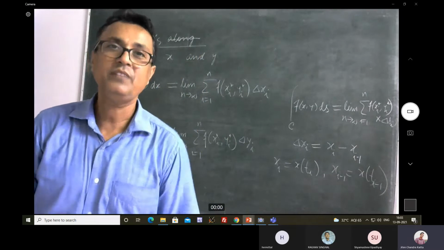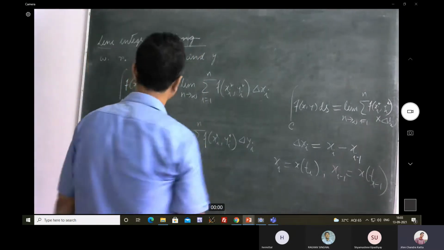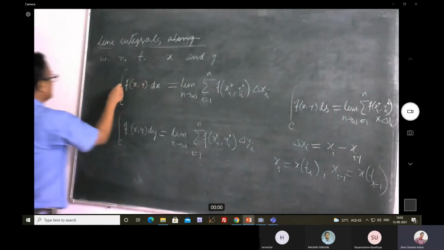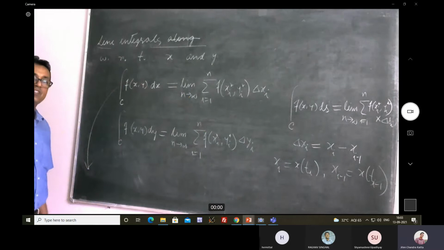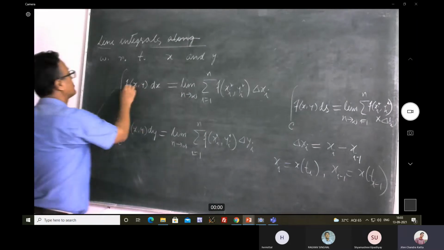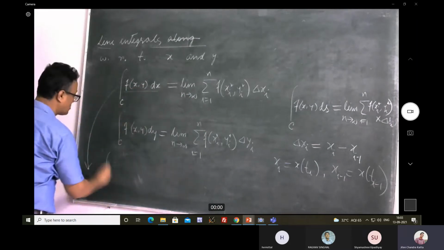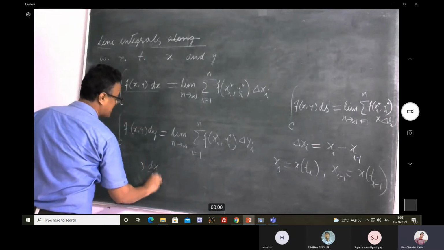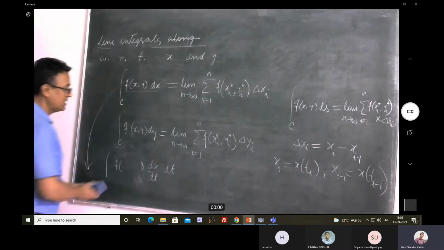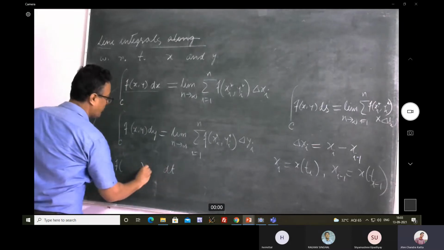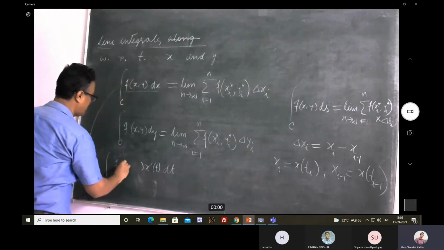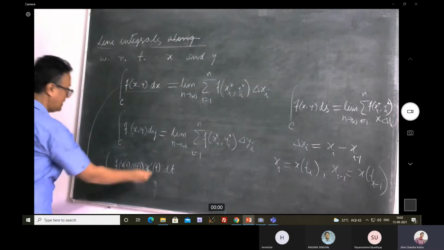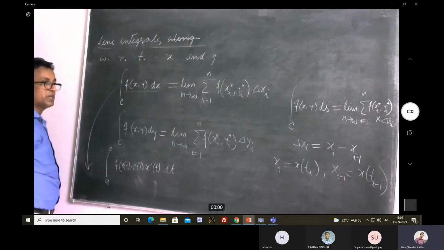Now, once you know the parameterization of the curve, you can change this to f of x(t), y(t) times dx/dt, integrated from a to b.